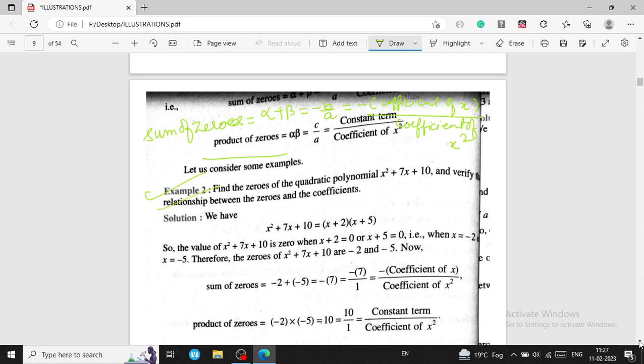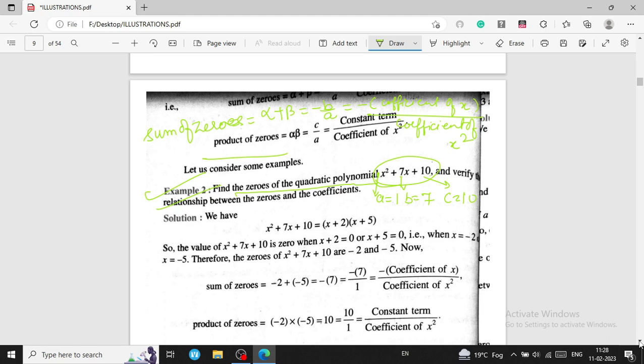Now take the example. Find the zeros of the quadratic polynomial. We have been given the quadratic polynomial x square plus 7x plus 10. Here, if no number is given, then we assume that it is 1. So we can say a is equal to 1, b is 7, and c is equal to 10.